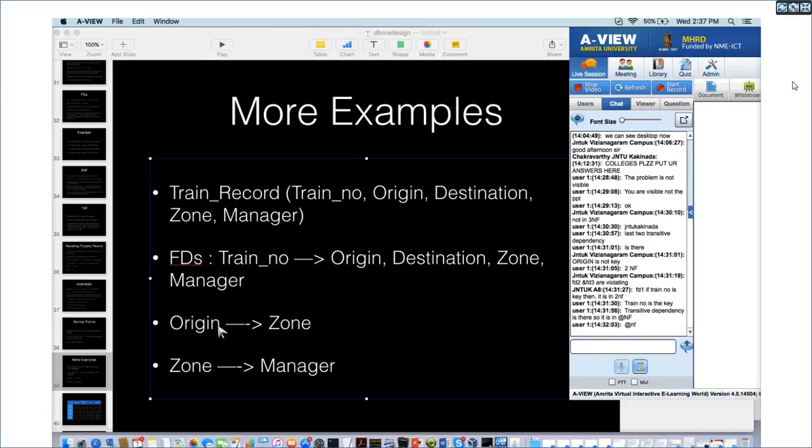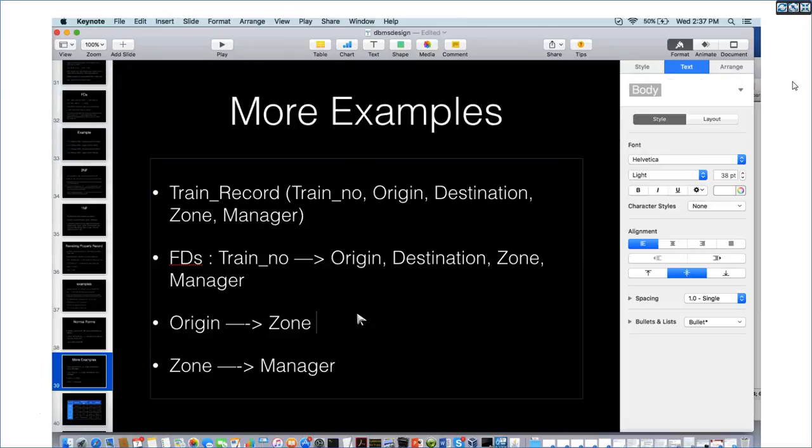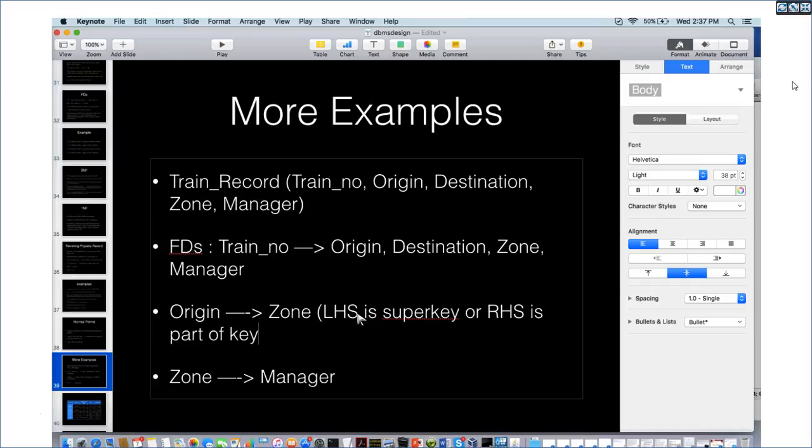The 3NF requirement is that LHS is a super key or RHS is part of a key. So here zone is not part of the key. That's why it is not in 3NF.